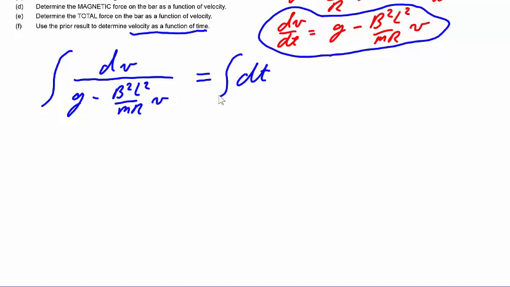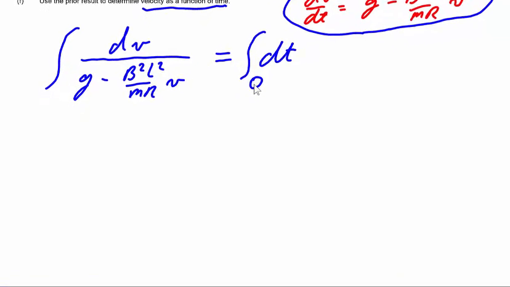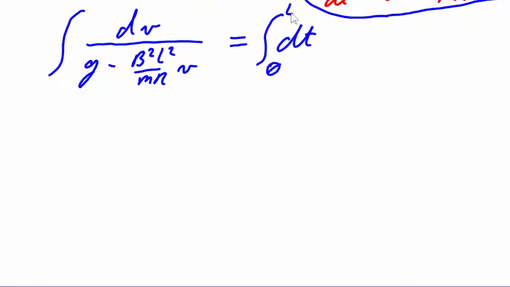We're going to integrate the time from 0 to some later time t, and because this object is released from rest, at time equals 0 the velocity will be 0, and at some later time the velocity, we'll just call it v. The right-hand side has a very simple solution because the integral of dt is t, and evaluated from 0 to t gives us an answer t for the entire right side.